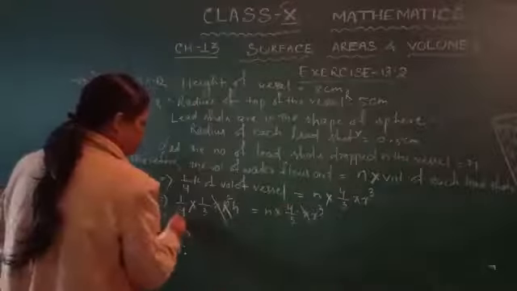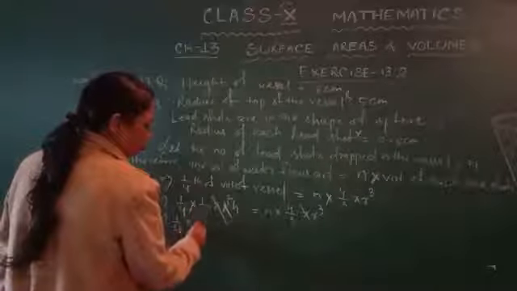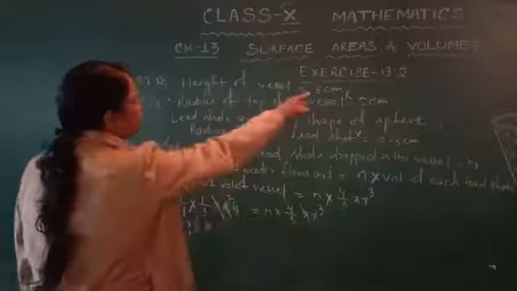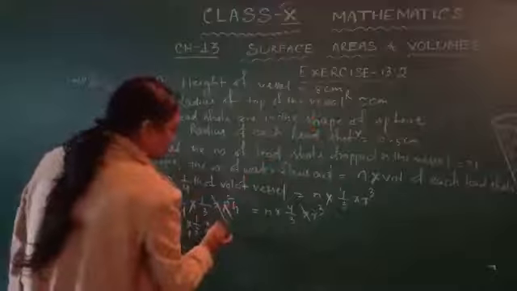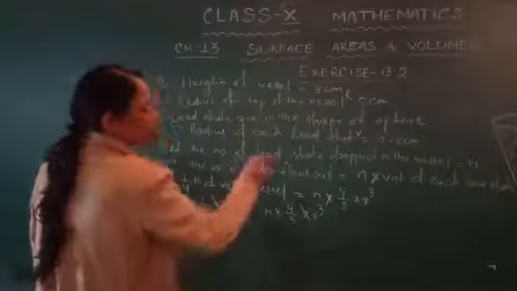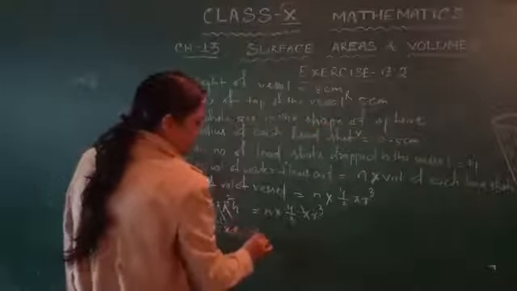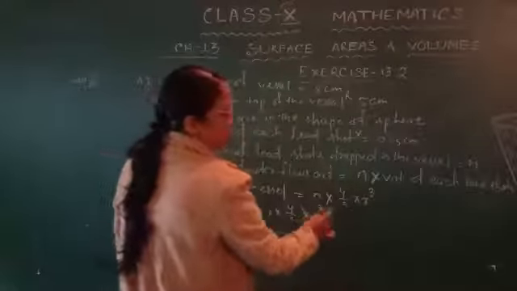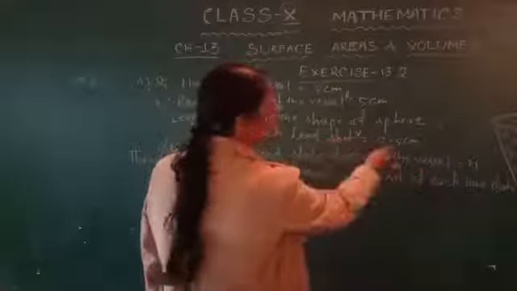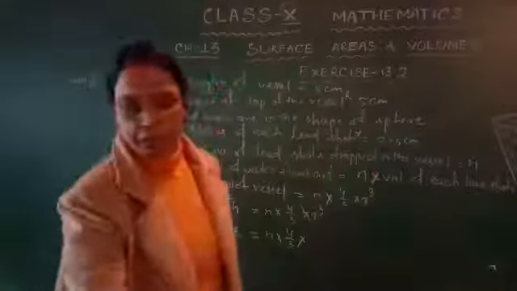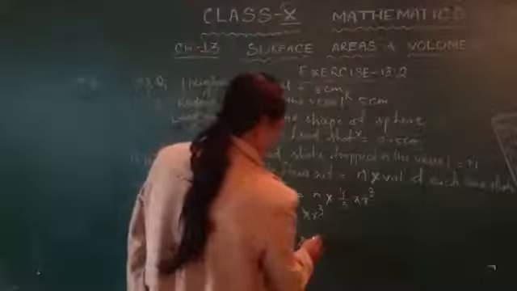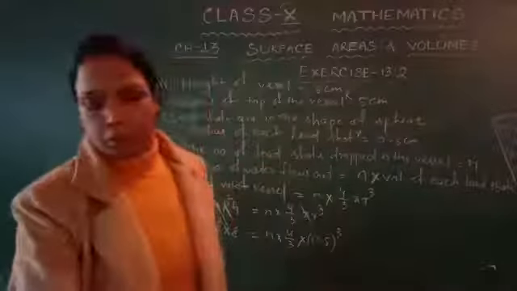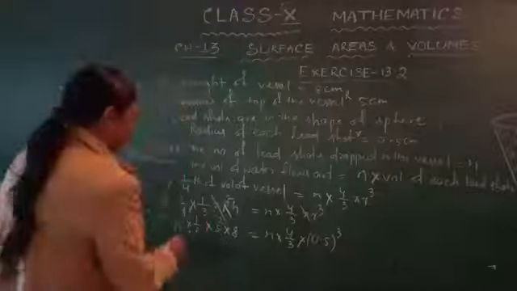So this implies 1/4 into 1/3 into R square, where R is the radius, 5 centimeter, so 5 square into h which is 8, is equal to n into 4/3, and here r is the radius 0.5 centimeter, so 0.5 cube.